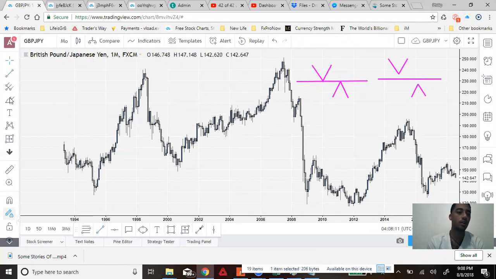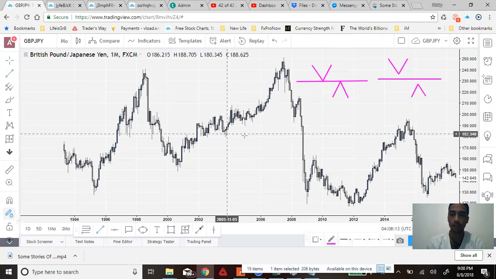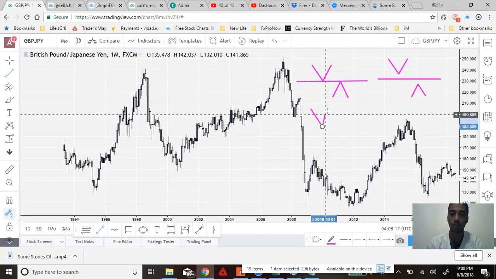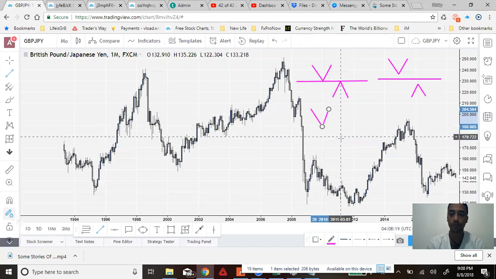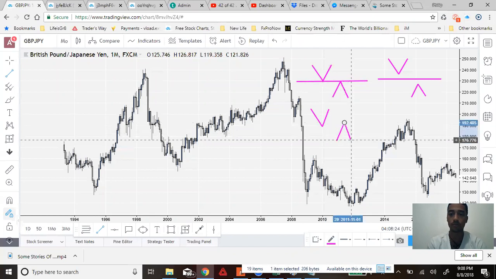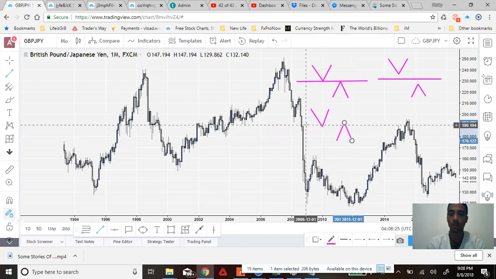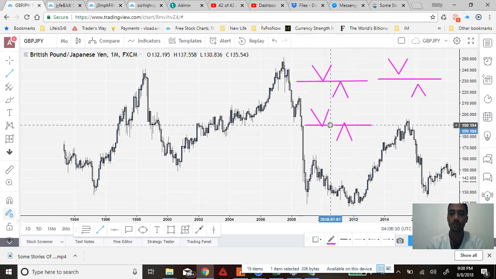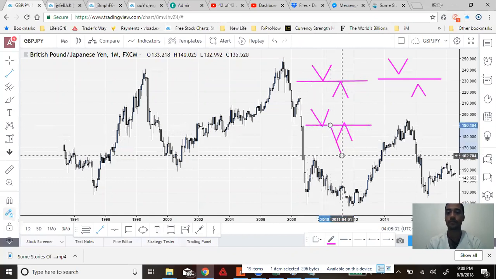So the overlap will look like, obviously, an overlap, okay? So boom, and boom, and price overlaps, as you can see, right?